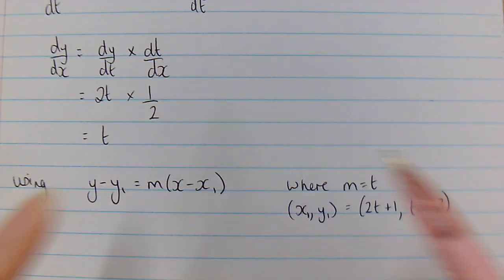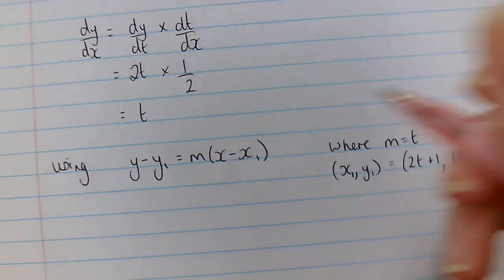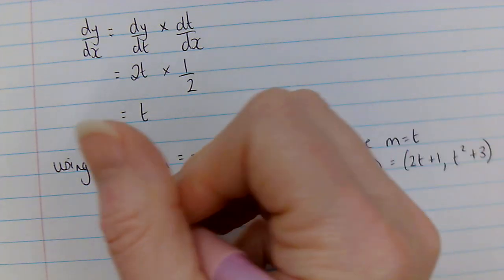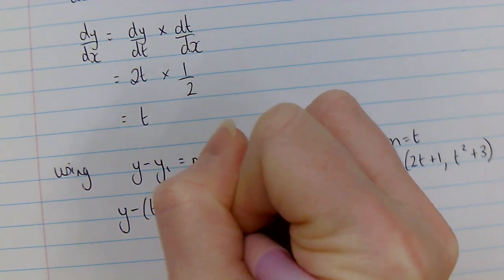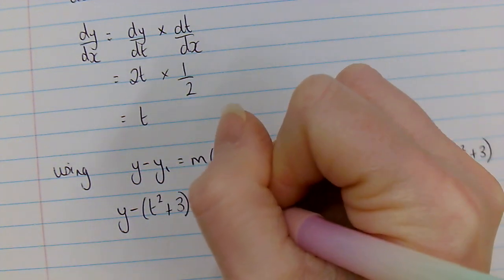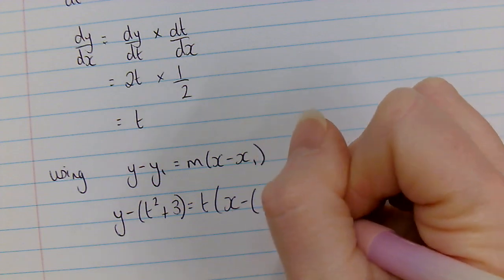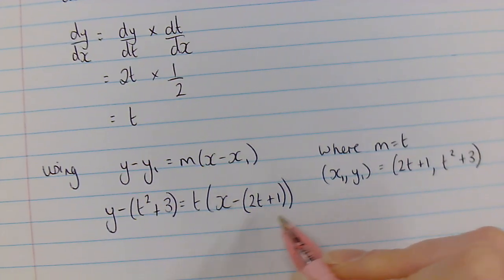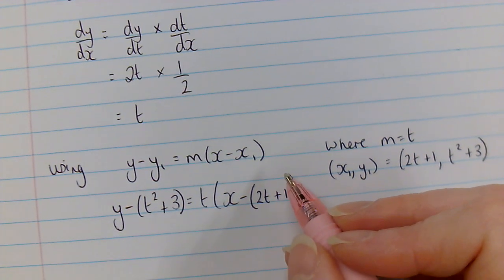That's what's going to go in here. Putting those in, we get y minus (t squared plus 3) equals m, which is t, times x minus (2t plus 1). I'm putting it in brackets to be careful with the signs, obviously. We need to be really, really careful with the signs here.